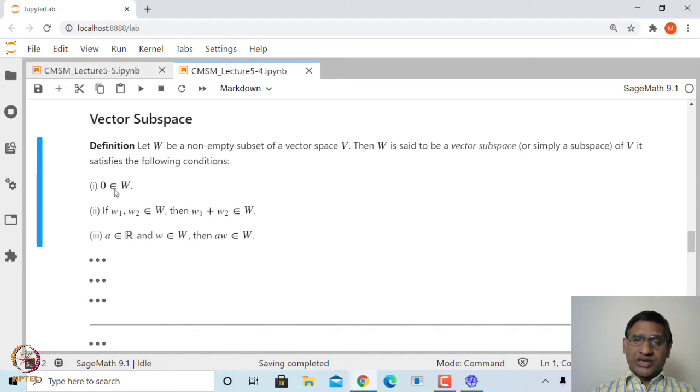First of all, it should contain the identity element, and it should be closed under addition and closed under scalar multiplication. That is what it says, right?